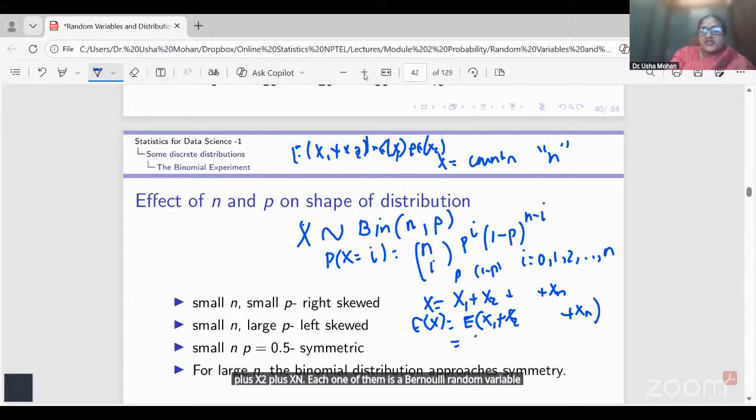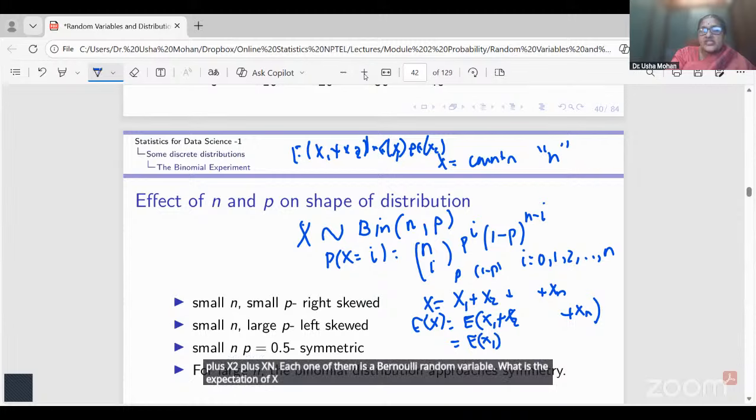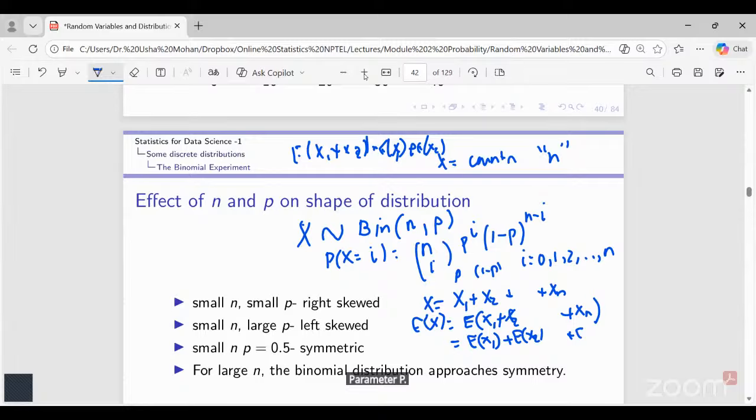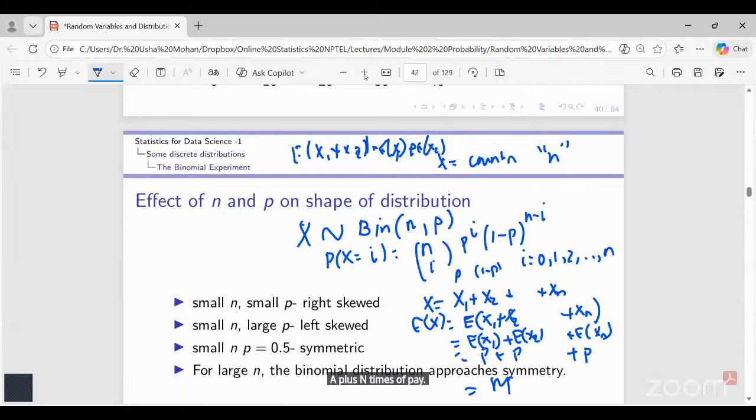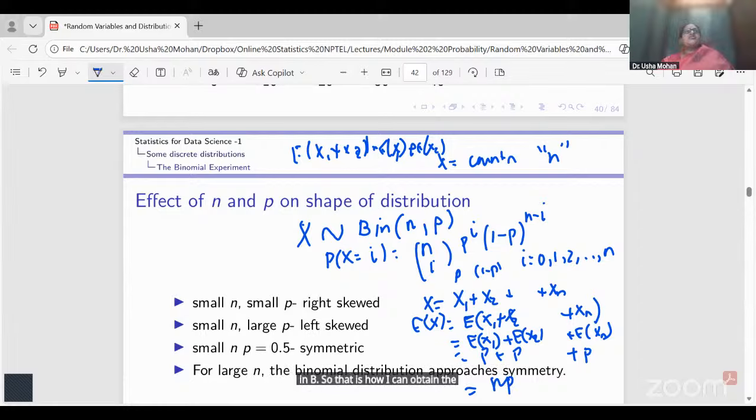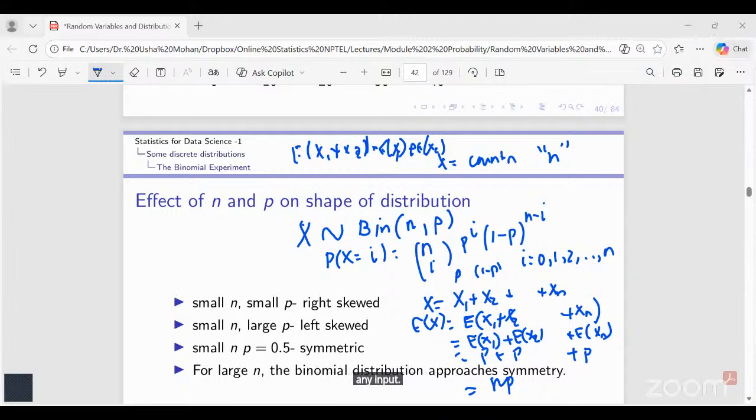What is the expectation of x1? If x1 is a Bernoulli with parameter p, it is p. So I have p plus p plus up to n times p. So what is the expectation of this random variable? It is n into p. So that is how I can obtain the expectation of a binomial random variable to be n into p. Till here, is it clear?